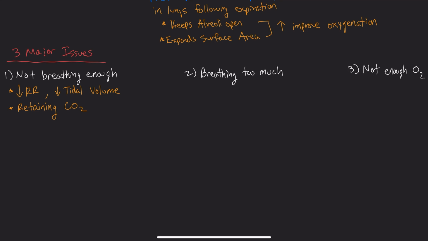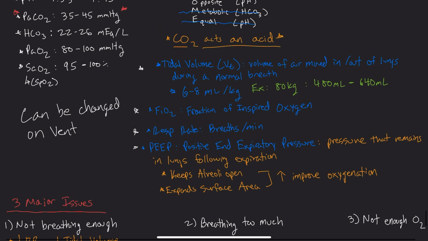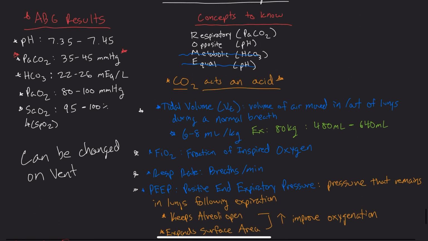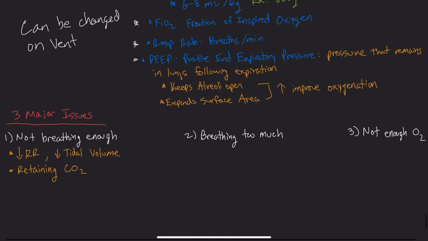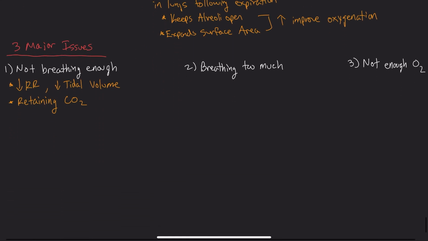So if the patient is retaining CO2, this is where CO2 as an acid comes into play, and this is how the mnemonic works, right? So if they're retaining CO2, what's that going to look like? That's going to look like an elevated PaCO2, right?